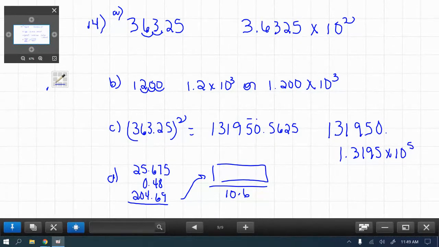Ten to the 5th? Yes, ma'am. So our answer would be 1, 2, 3, 4, 5, and that would be the last number I show.